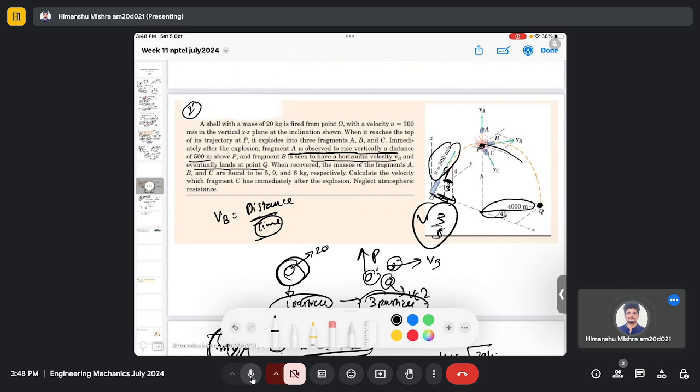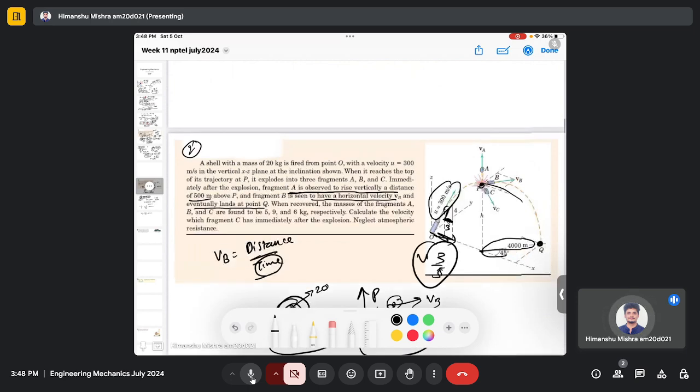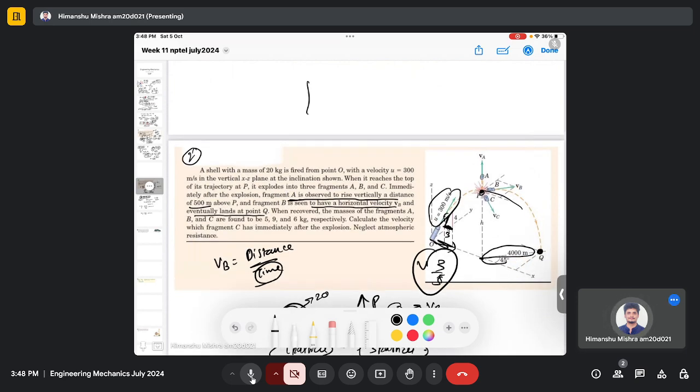So in the first week lecture, we talked about how to get the components. For example, let's say this is a velocity V, this is the x-axis, and we are given theta. Then the component of this velocity along the x-axis is directly given by v cos theta, which is vx.